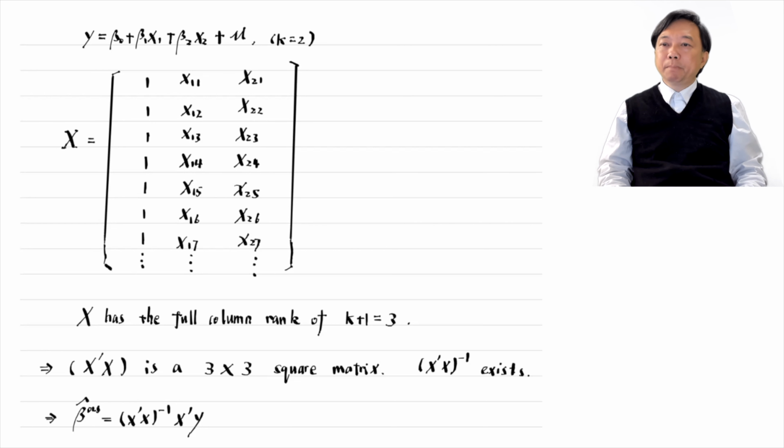Only when the matrix X has a full column rank of k plus 1 will the inverse matrix of X transpose times X exist. In other words, X transpose times X needs to be invertible to compute the OLS estimators, and it occurs only when X has a full column rank.